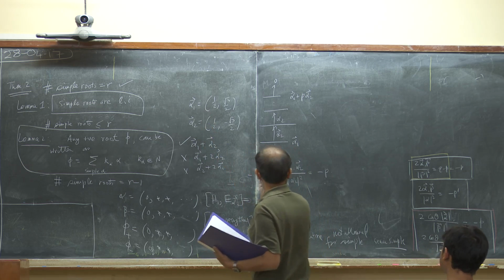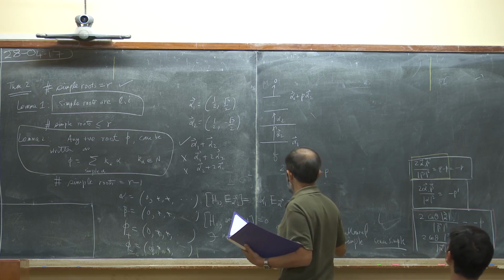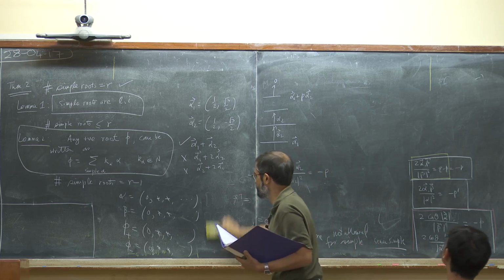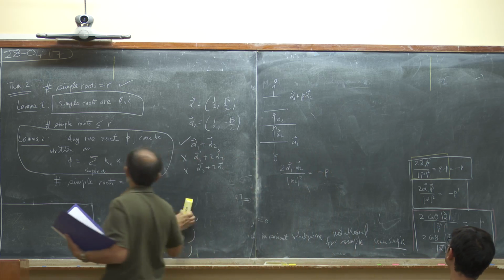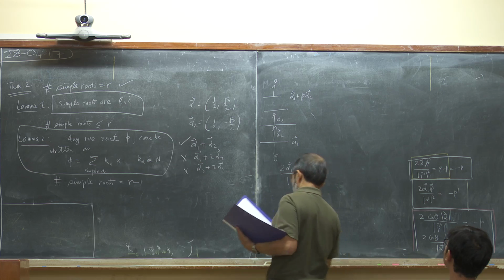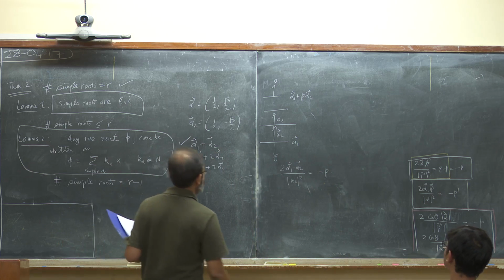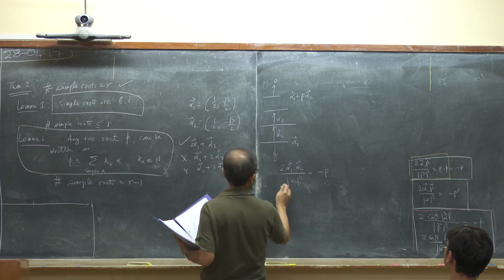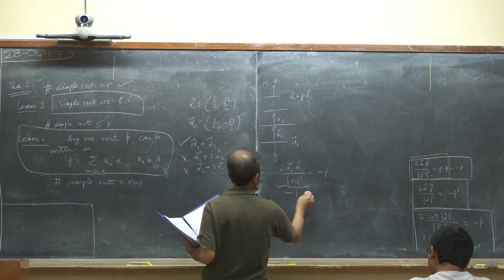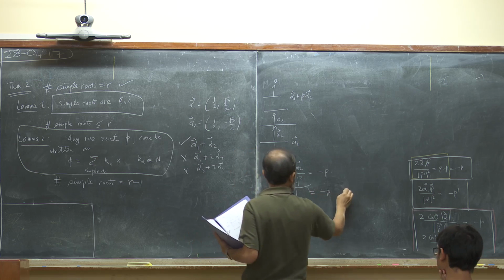What is this? Can somebody tell me? P is 1. So everybody got this thing to be minus 1. This is minus p, so p is 1.